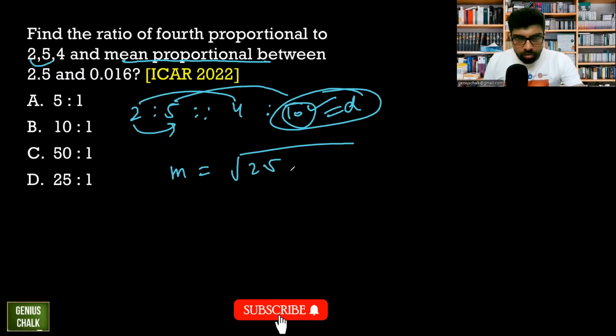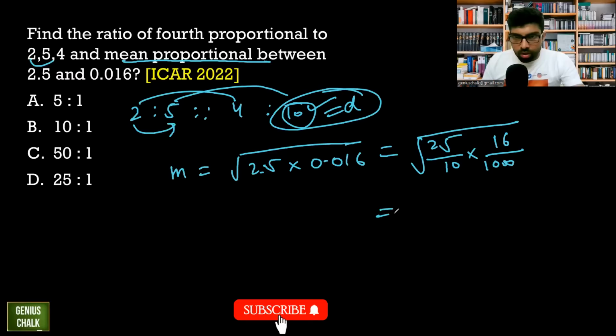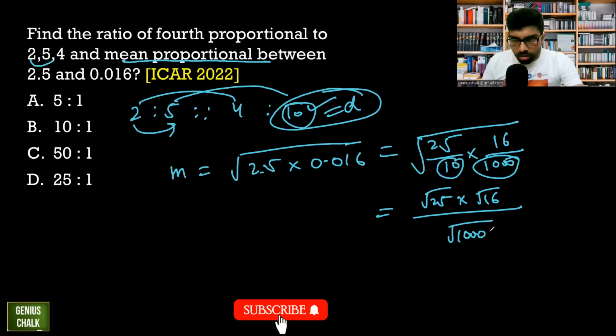So 2.5 into 0.016. This is 25 by 10 and this is 16 by 1000. Now all are under the root. So 25, I can write root of 25, root of 16, and here 10 into 1000. This is root of 10,000. Right.